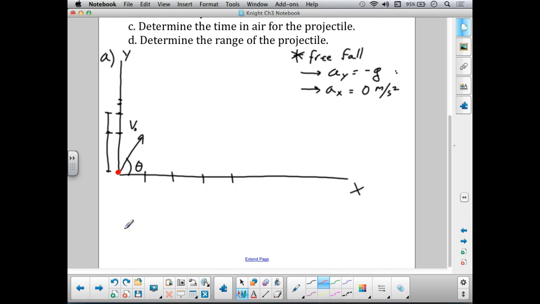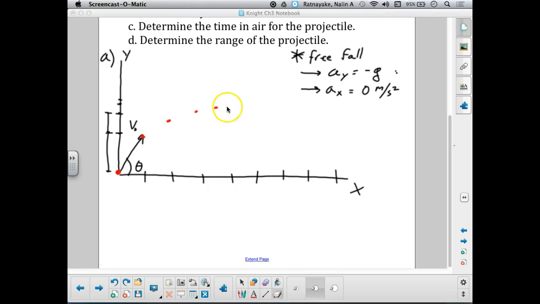Here's my first dot, there's my second dot, third, fourth, fifth dot, let's say, and it's going to make its way all the way back down. And when it comes back down, it still has the same spacing, because I'm assuming that we're moving at a constant velocity in the horizontal direction, and it just comes straight back down.